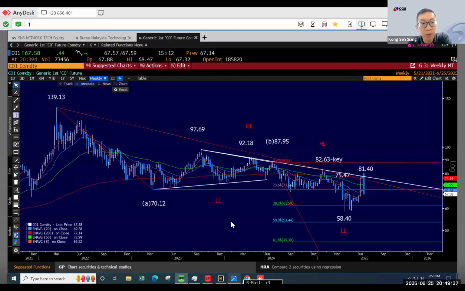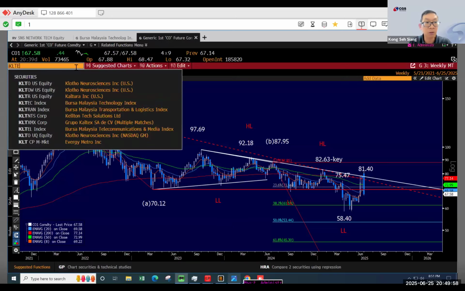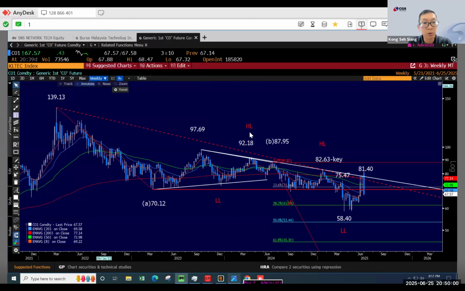We should potentially see a very strong move to the upside in the second half of this year. It won't be a nice move, I can definitely confirm that. But every move or every swing will likely see prices continue on higher. Let me just show you KL Tech then. So this is the Bursa Malaysia Technology Index.